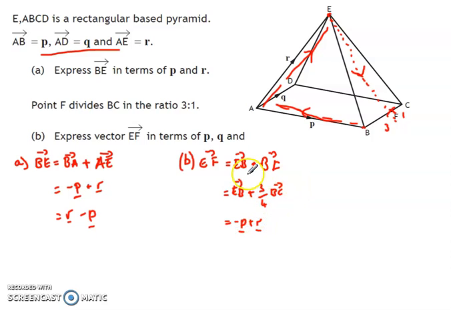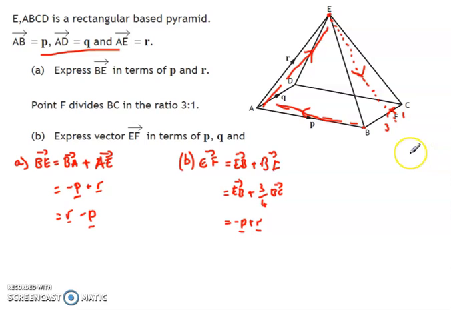What I now need to do is figure out 3/4 of b to c. Now I've not been given b to c. However, b to c is parallel to a to d. We know that because it's a rectangular base pyramid and opposite sides in a rectangle are parallel.